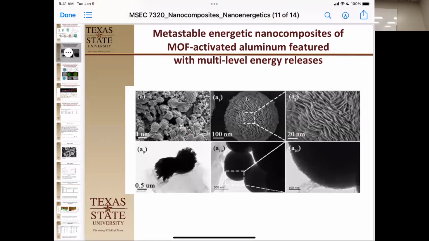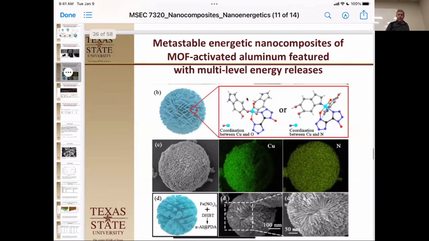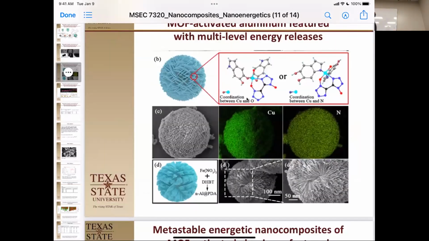And then when they went and analyzed them to figure out where the copper was and where the nitrogen was, they saw that they have coordination with the copper with oxygen, but they also have coordination with the copper and nitrogen. And so when they map the copper versus nitrogen here, they see it's evenly dispersed over the whole system, meaning the organic framework covers the entire thing completely.